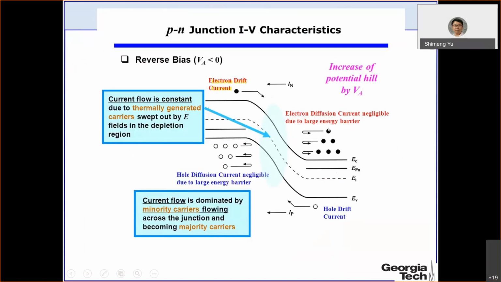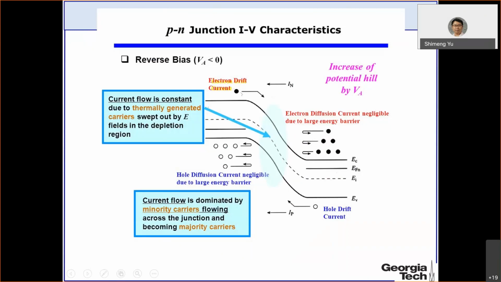But even the electrons at the highest level still tend to diffuse out, because you have N-type here and P-type here, with more electrons in the N-type and fewer electrons in the P-type. Naturally, by diffusion, these electrons tend to move to the left. But this barrier height is now increased, so all the electrons here will be bounced back.